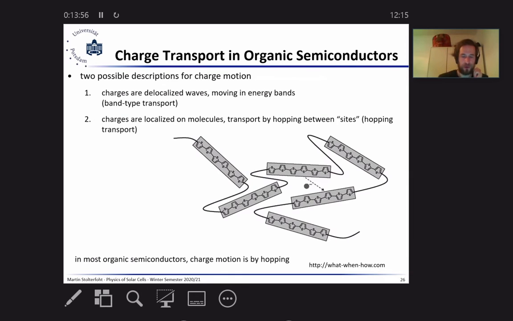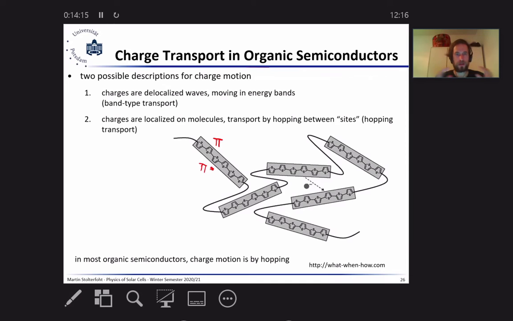And very important is also the charge transport in organic semiconductors. And there are two types of transport. As we discussed before, there are these delocalized pi electrons on the molecule chains.